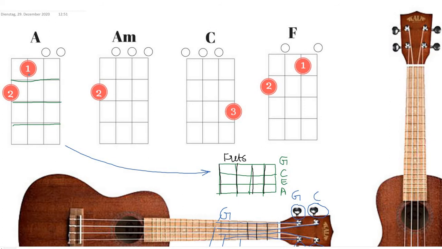And these numbers are nothing but your finger numbers. So here we have finger number 1 at this intersection, and at this intersection we have finger number 2. So you will put your first finger on the C string and the first fret. Okay, so let me label these fret numbers.